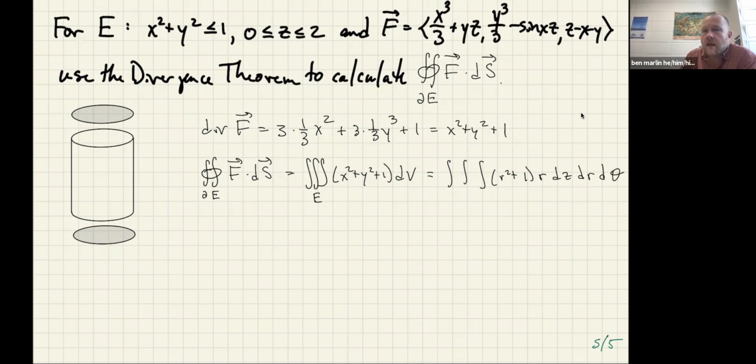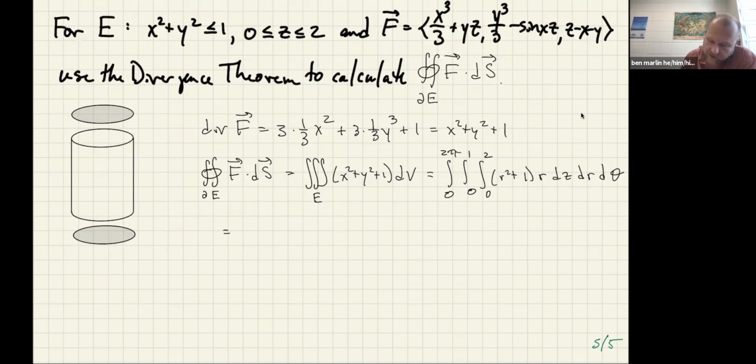The z's, since we had a flat top and a flat bottom, just go 0 to 2. The r's, flat in a cylindrical sort of way, go 0 to 1. And then thetas go from 0 to 2 pi because we've got the whole cylinder.